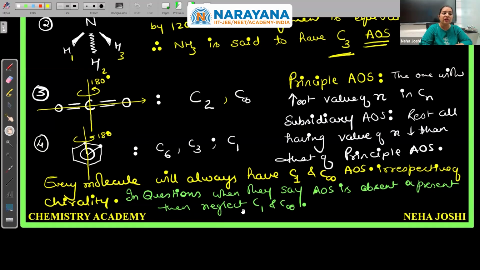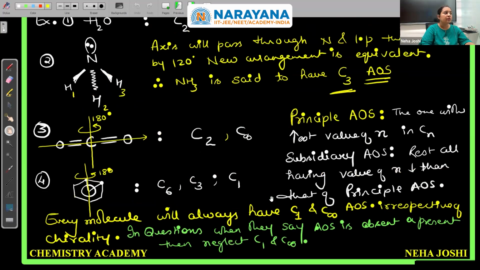Every molecule will always have C1 and C infinity AOS irrespective of chirality. In question, when they say AOS is absent or present, then neglect C1 and C infinity. And if some other AOS is present, then you give answer. Is that absolutely okay? AOS is clear?